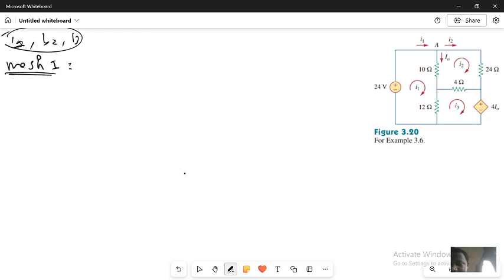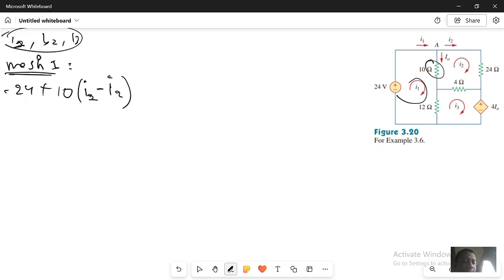It's going to enter this negative, so I will have minus 24. This current in this voltage plus 10. What is the current? Since I am in mesh 1, I will have I1. If we use KCL here, it's going to be I1 minus, this resistor is between mesh 1 and mesh 2, so I'll have I1 minus I2.